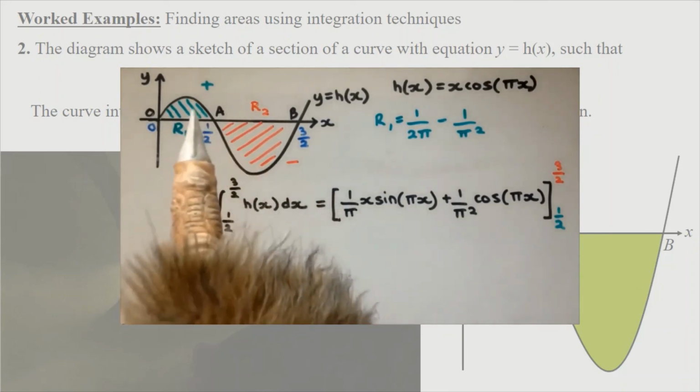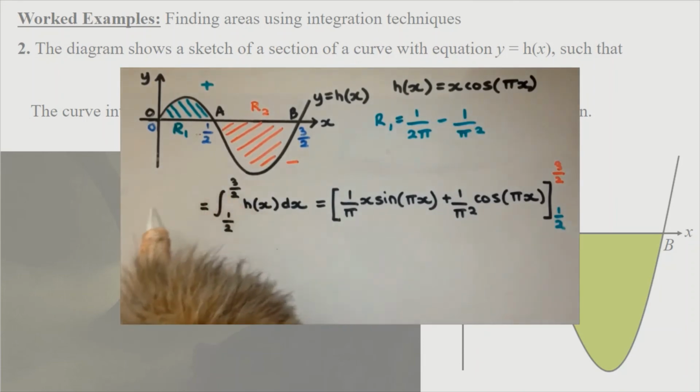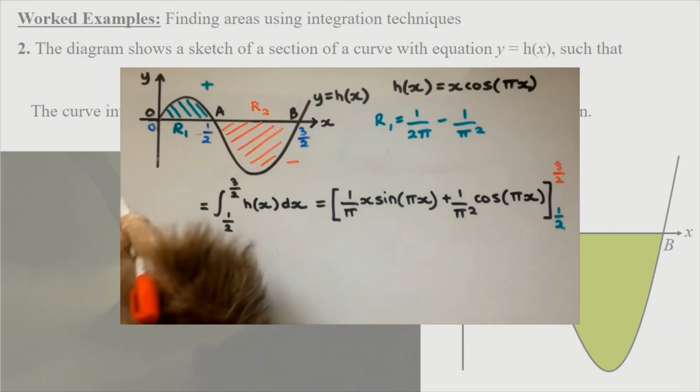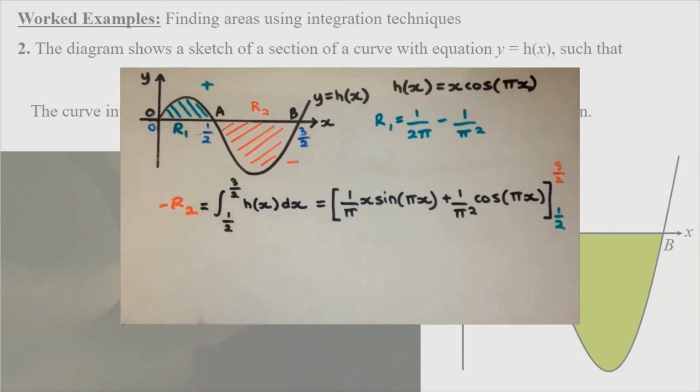But because we are finding the area of R2, we need to make this distinction in what we're trying to express here, because if I'm finding the area R2, and I know that this integral is going to be negative, then I have to compensate for that by writing negative R2, as in negative area, is equal to this integral. So I'm going to put that in. So this is going to be negative R2, like that. Okay, so we've made that distinction. Now all we have to do now is evaluate the integral.